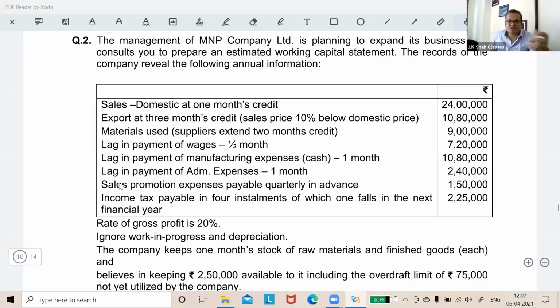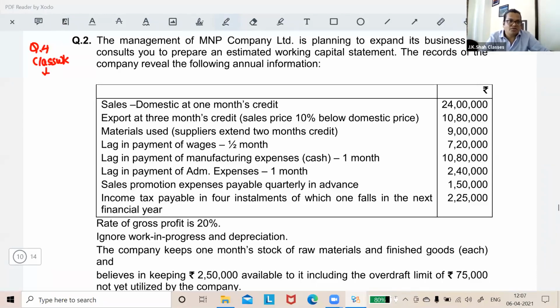Come on, let's start with question number 2, guys. Now, sometimes assume that the chat box does not exist. Management of MNP, this is important again. When you read this question, you're going to have a feel that it is similar to question 4 classwork.